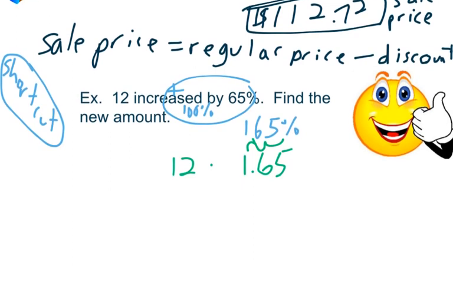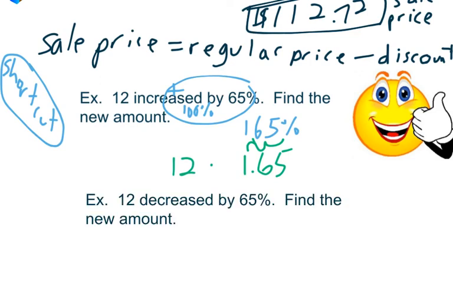Now that same question, if it would have been read differently, 12 decreased by 65%, then decreased indicates that we are subtracting. So we're taking 100% of the whole amount and we are subtracting 65%.